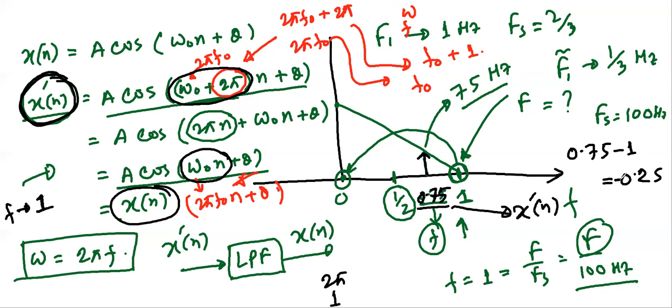Where is that location? Of course, if this is half and minus half, this is that location, minus 0.25. This is the location where it should shift. So this value will be shifted here. Do you agree with me?